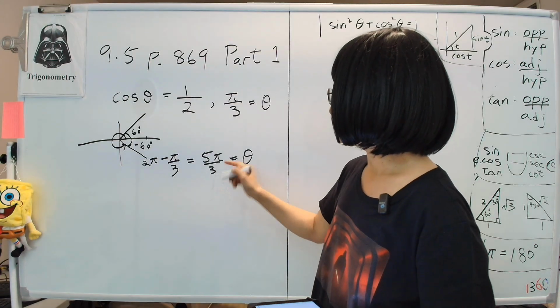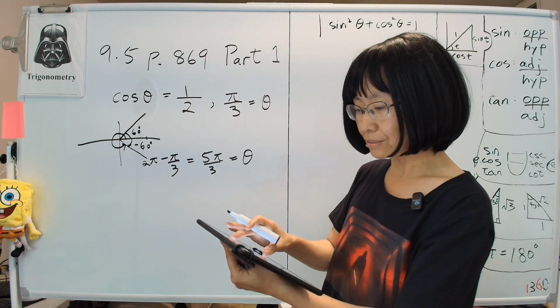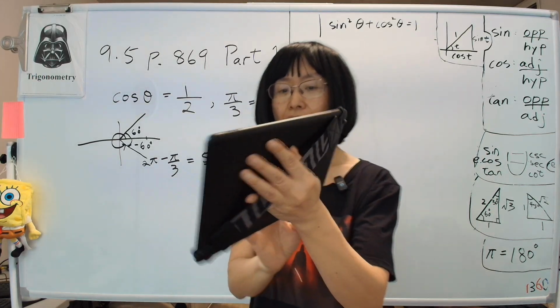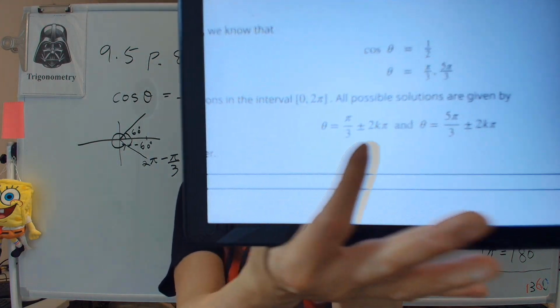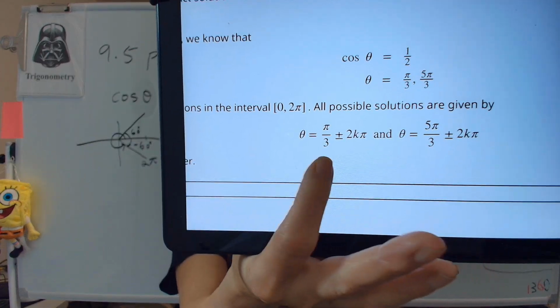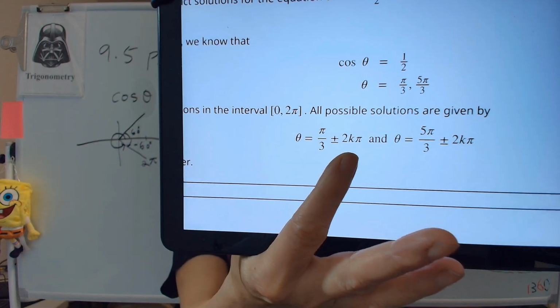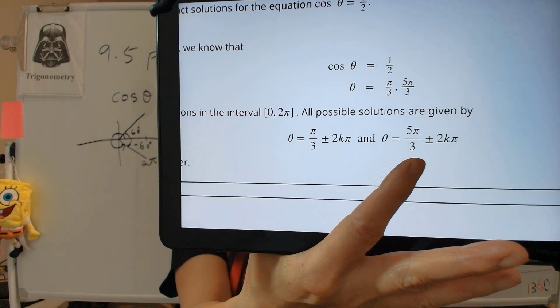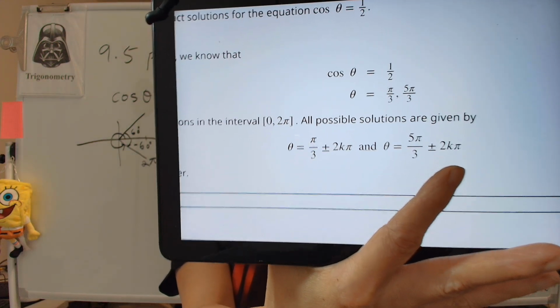So all of the solutions will be written as theta equals pi/3 plus or minus 2k pi, or theta equals 5 pi/3 plus or minus 2k pi.